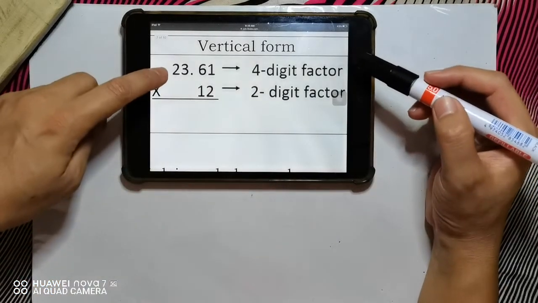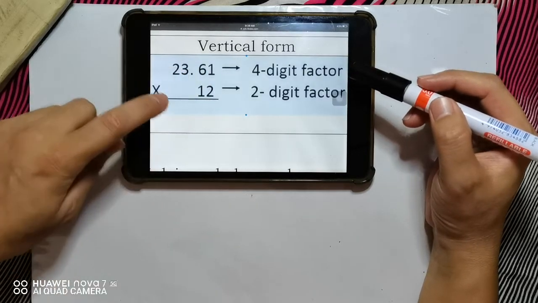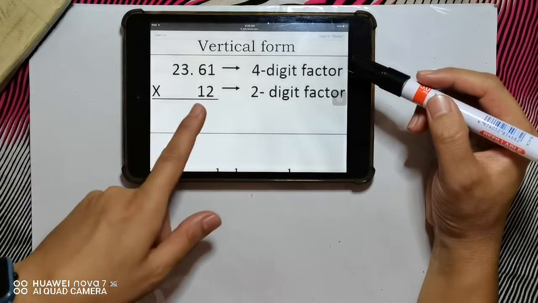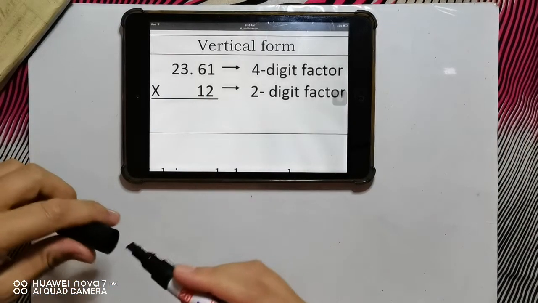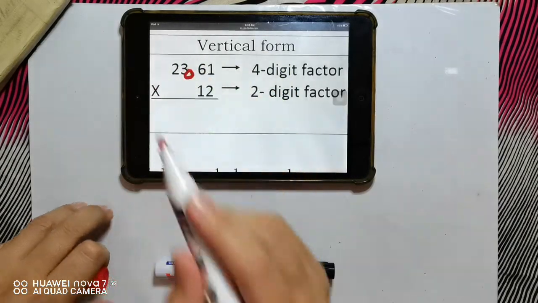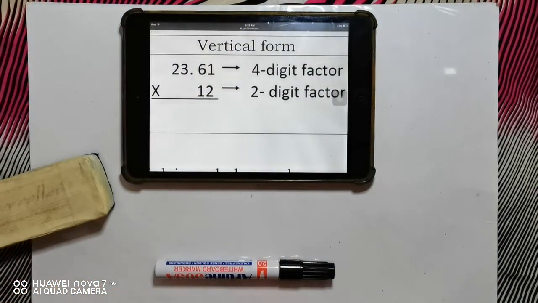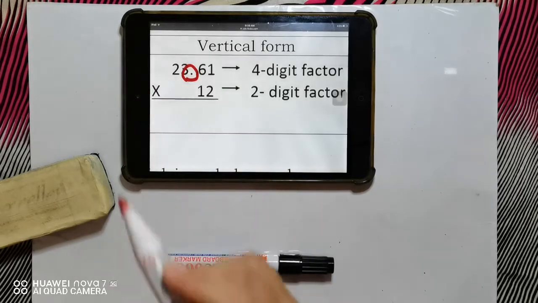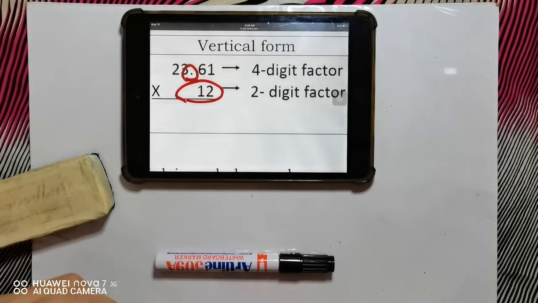So, 23 and 61 hundredths kilometers, that's a 4-digit factor. And then we have times 12, which is a 2-digit factor. Kung mapapansin natin, in this example, meron tayong decimal point. Ayun ang decimal point niya. Pero, in this example, wala siyang decimal point.